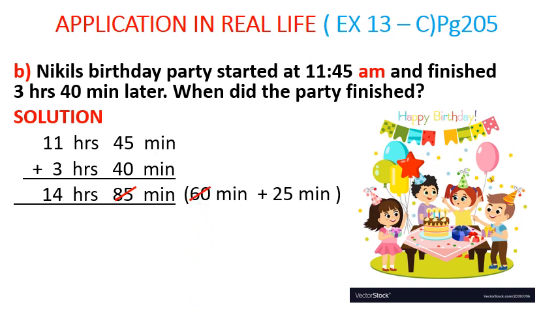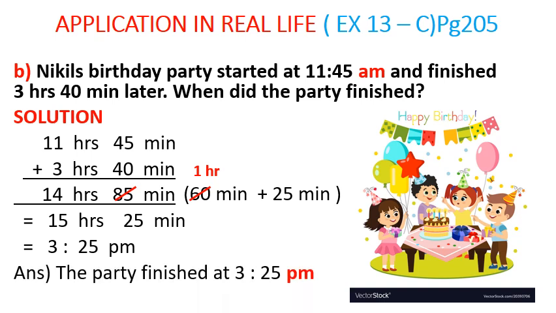Because 60 minutes will make 1 hour. So we have 14 hours plus 1 hour will become 15 hours and 25 minutes. So how to express the time? 15 hours is the same as 3:25 p.m. So the answer is the party finished at 3:25 p.m.